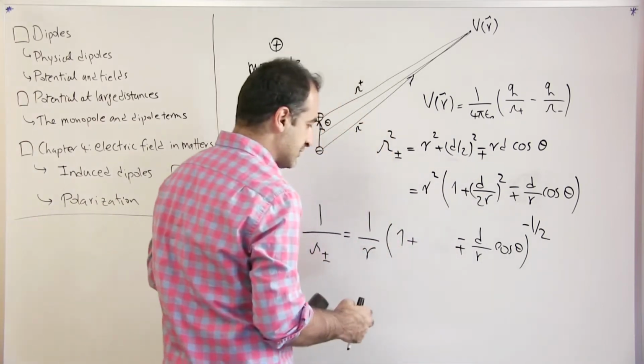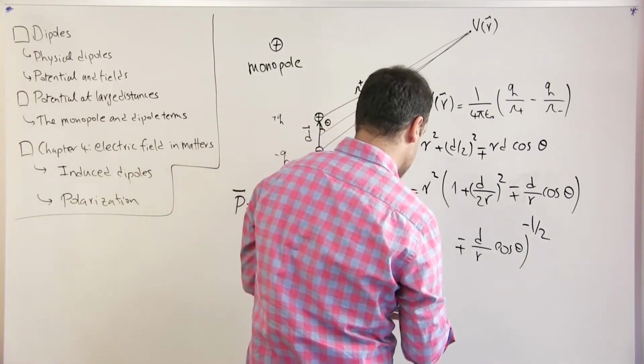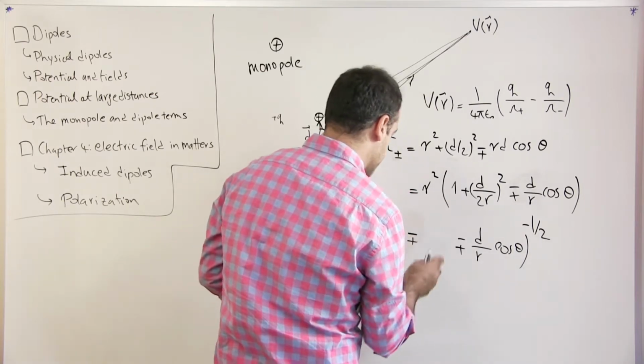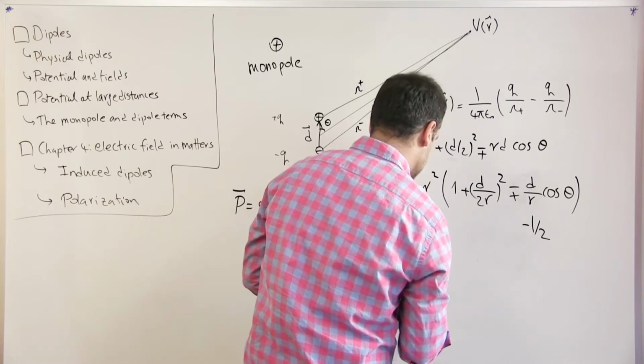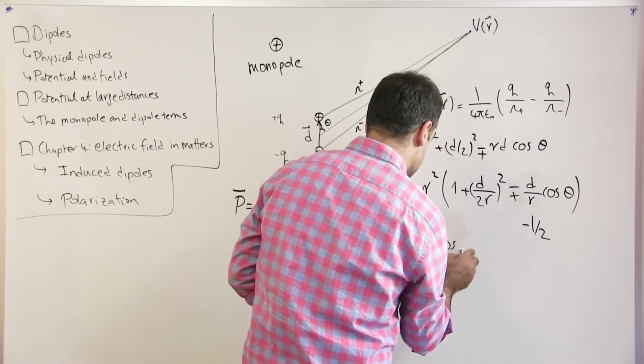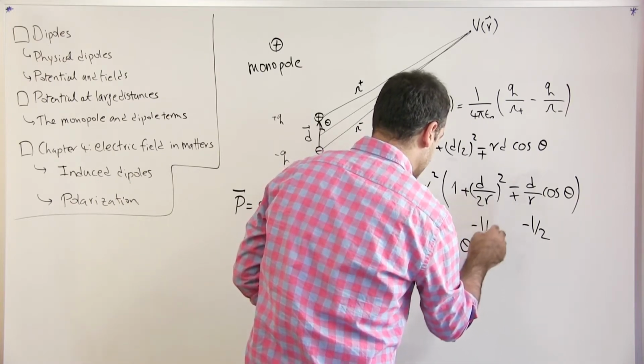Okay. So then here we get negative plus D over R cosine theta to the power of 1/2.